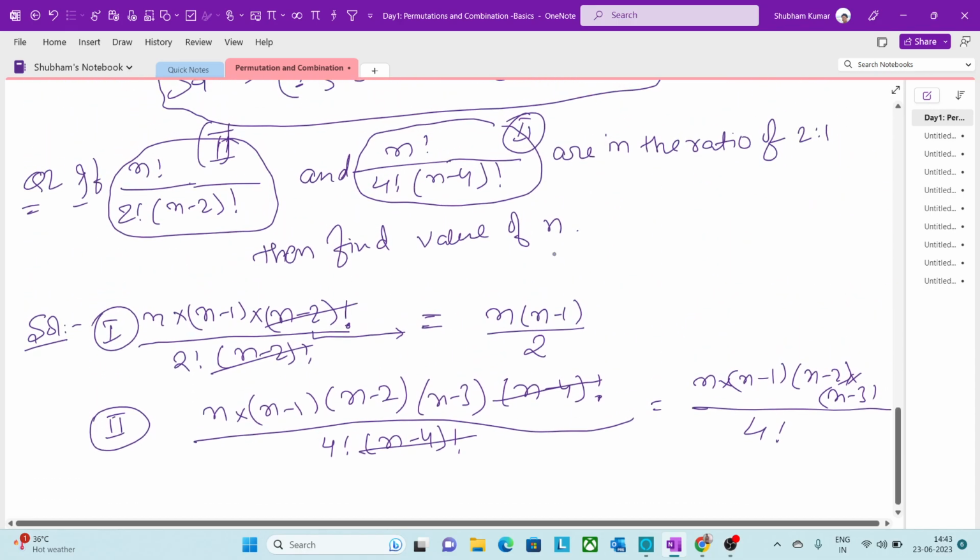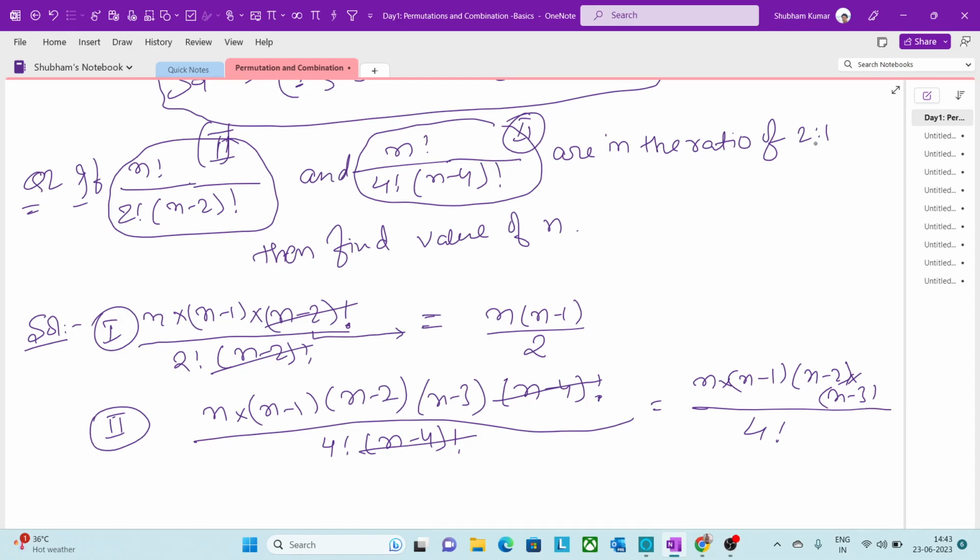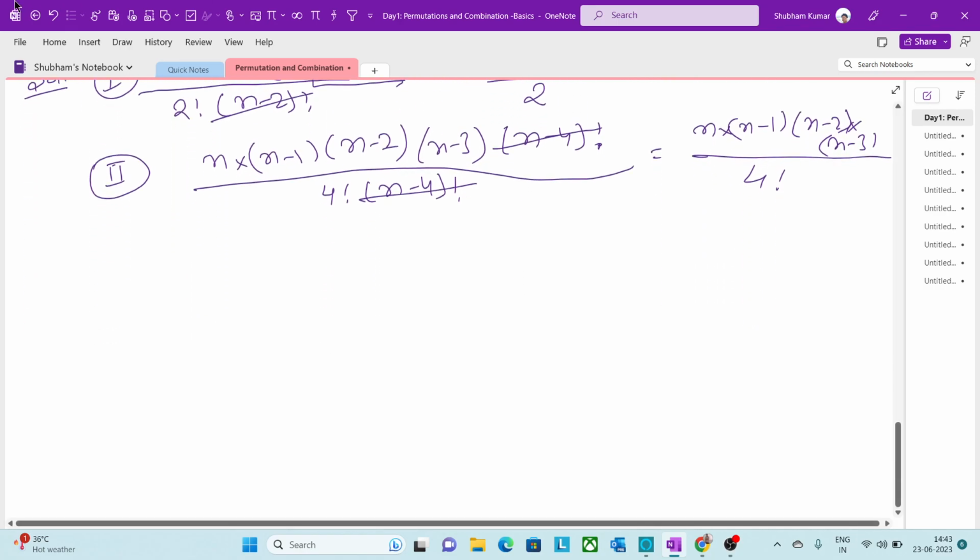Now the question says this divided by this are in the ratio of 2 is to 1. So we divide 1 by 2.